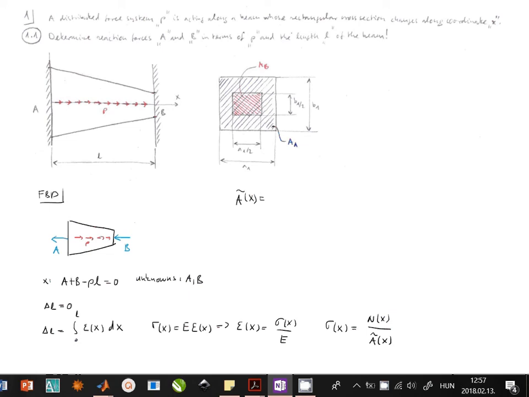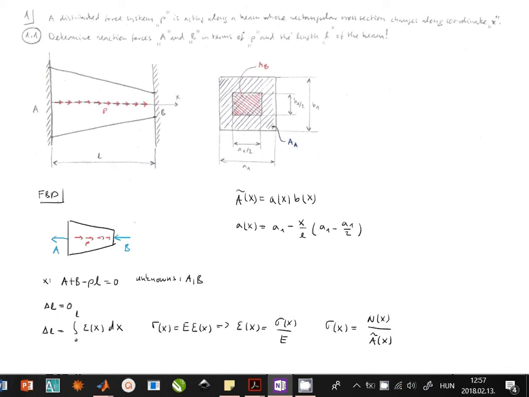So the cross-section area is the width a times the height b of the cross-section. a is decreasing linearly, and if we have x equal to 0, then it must be a1.